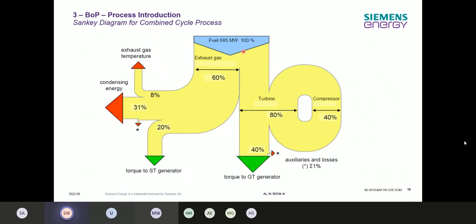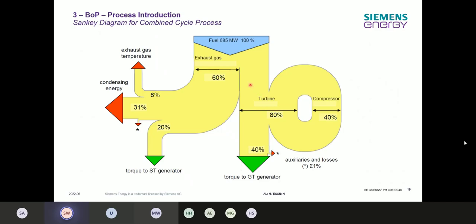And from this gas we're burning, the gas turbine efficiency is normally roundabout 40%. So 40% we're using for the gas turbine, and this is getting then to the GT generator and coming out. 60% is our exhaust gas, which we're sending to the boiler.